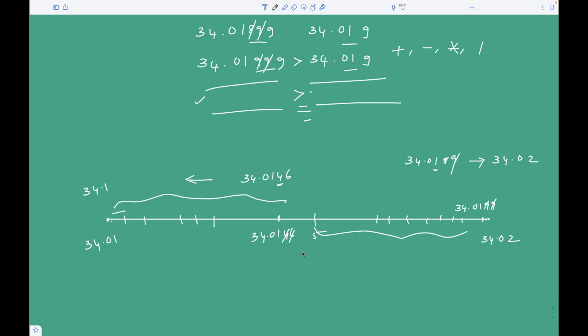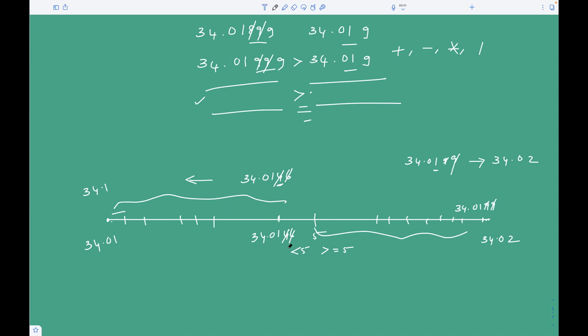If its value is less than 5, then simply drop these non-significant digits, round it down. If it is greater than or equal to 5, then round it up, that is, add 1 to the last significant digit and drop the non-significant digits. As simple as that.